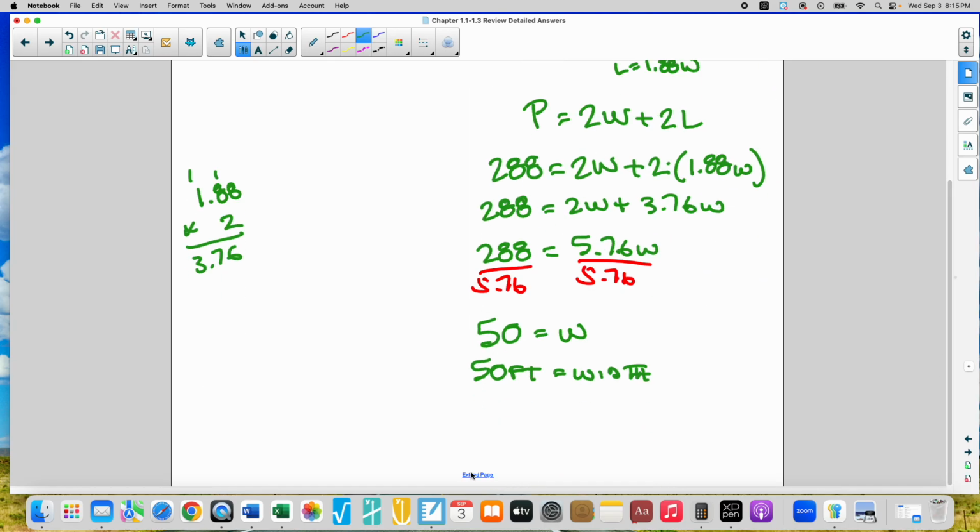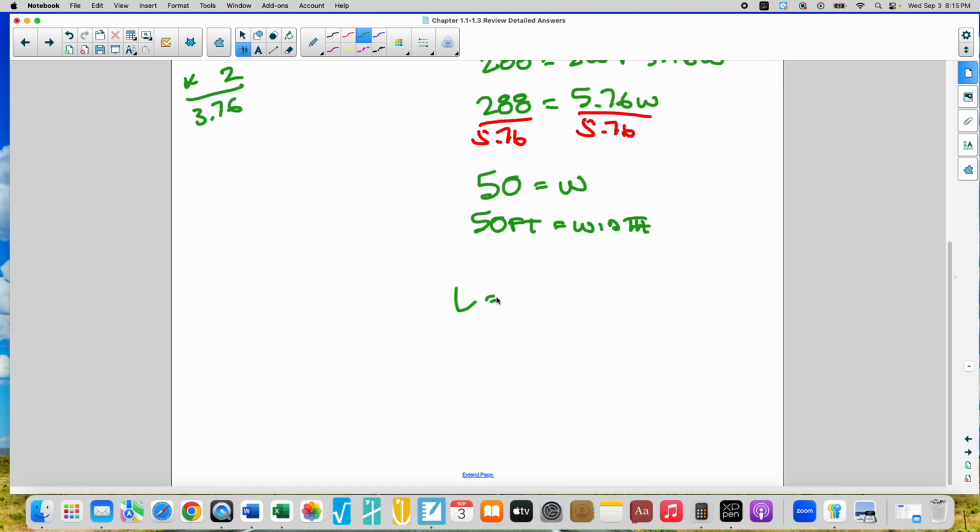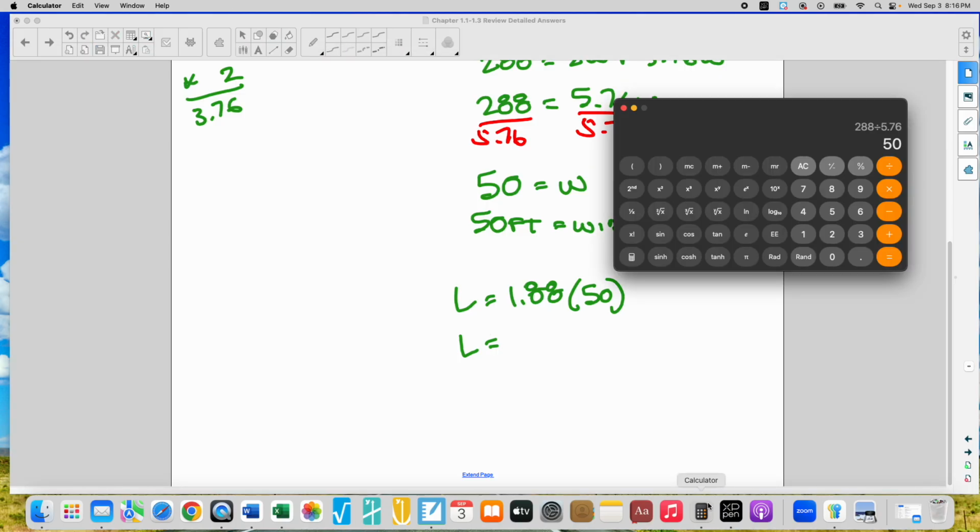So let's calculate the length. The length is going to equal 1.88 times the width, and the width is 50. So L equals, let's use our efficiency calculator, 1.88 times 50 equals 94 feet.